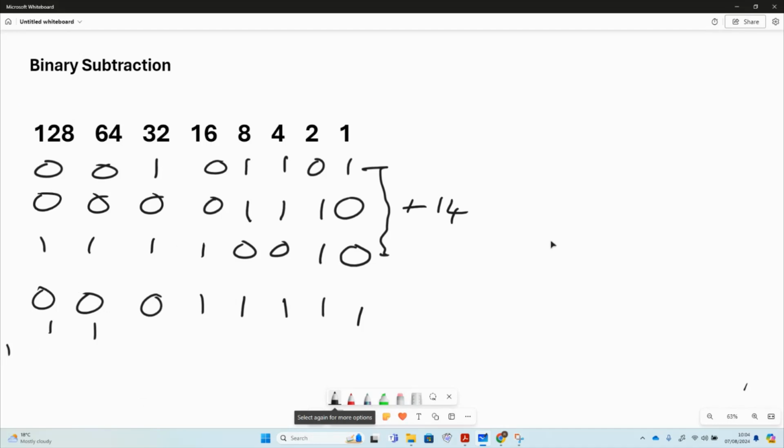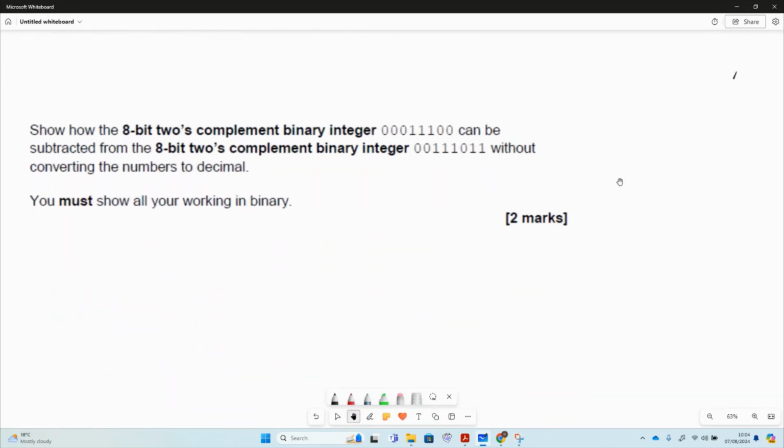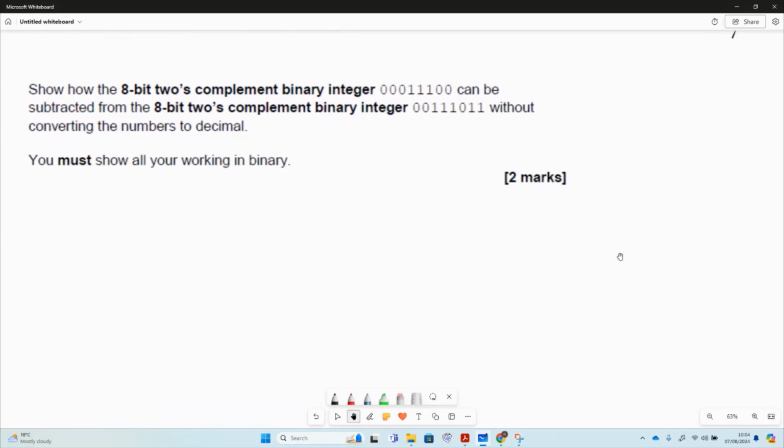So binary subtraction, you could normally get a couple of marks for that. So this is a question that was in a paper recently. In this case they're just talking about the two's complement binary integer.